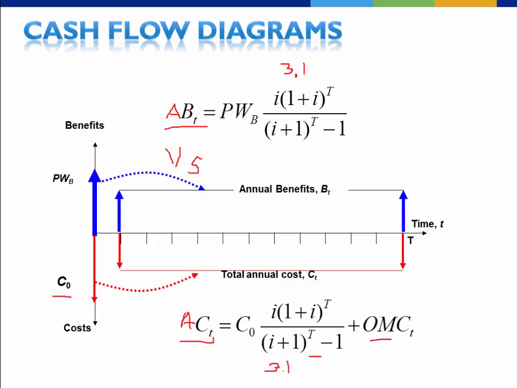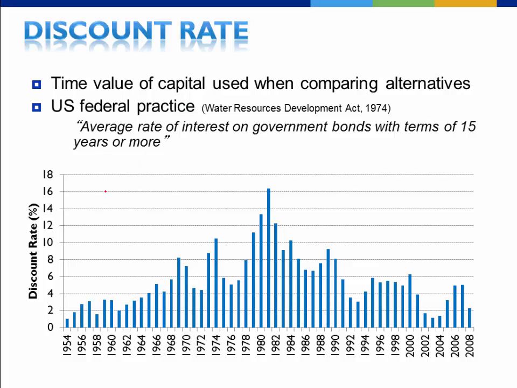So this is actually the discount rate that the federal government uses, and you can Google it. The discount rate for federal projects is the average rate of interest on government bonds with terms of 15 years or more.